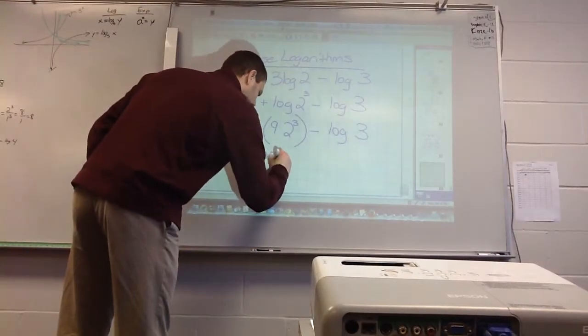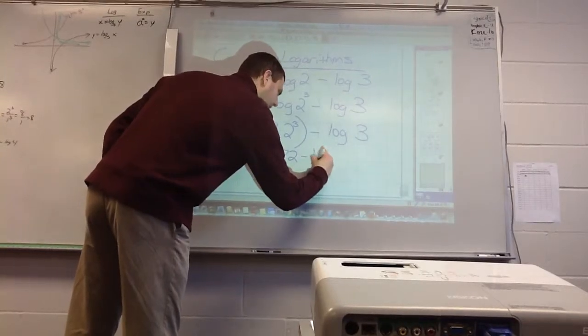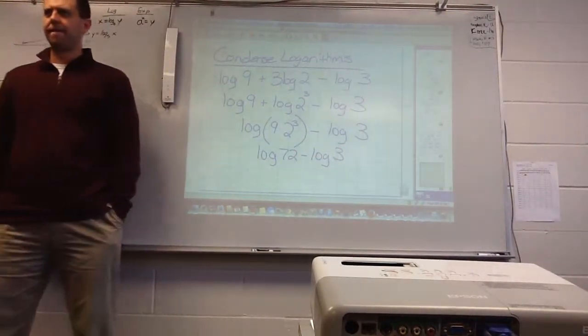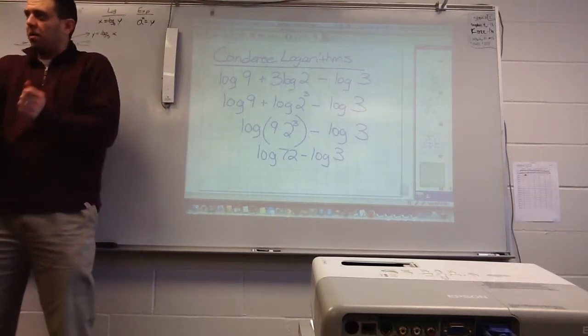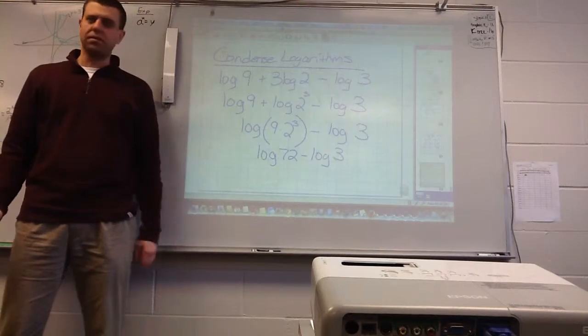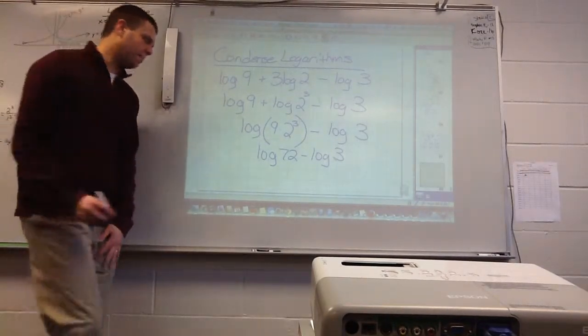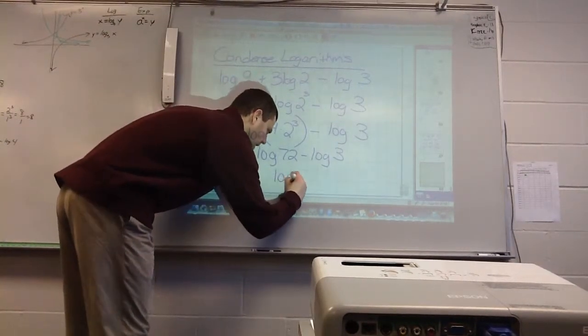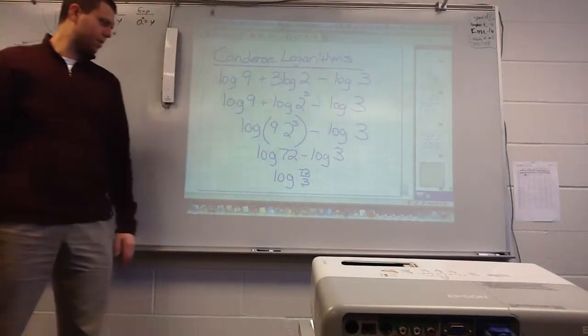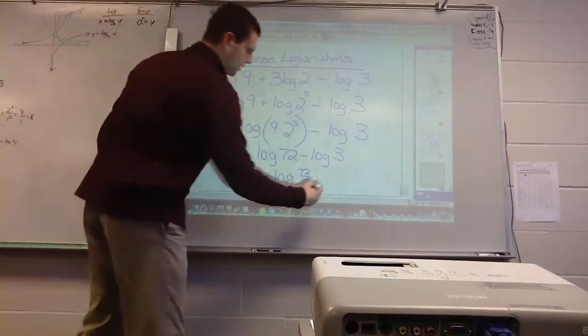So now I got log of 72 minus the log of 3. We want to keep going though, we want to get down to just 1. Because it's subtraction, what can we do? 72 divided by 3. So I got the log of 72 divided by 3. And let's take care of that math.